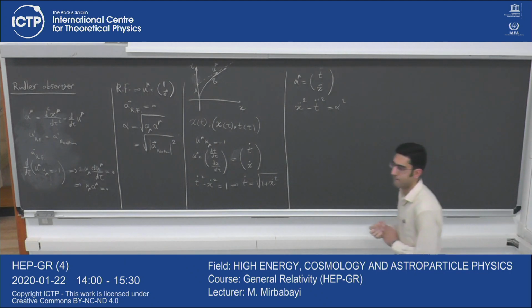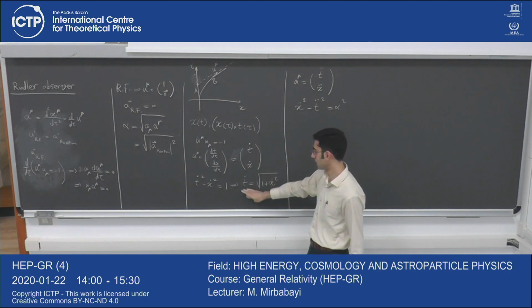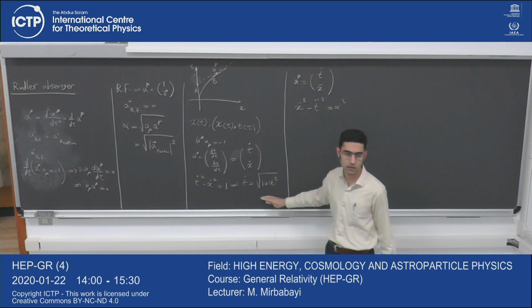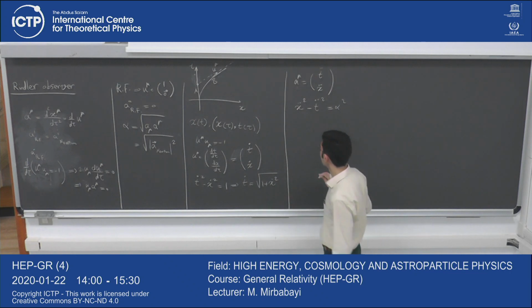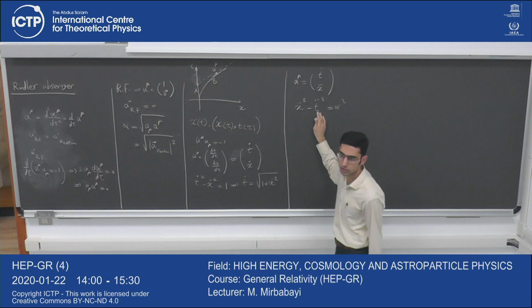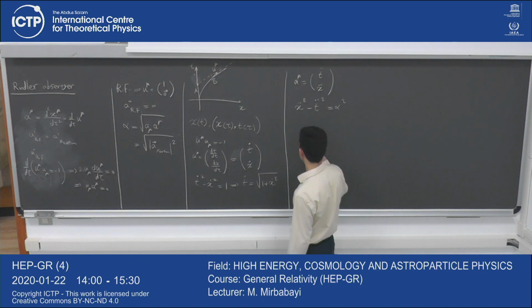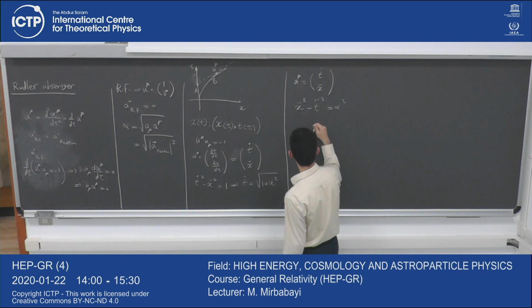Right? So now we use this equation. We know that t dot and x dot are not independent, they are related for any time-like observer. So we can eliminate t from this equation to obtain a differential equation for x.